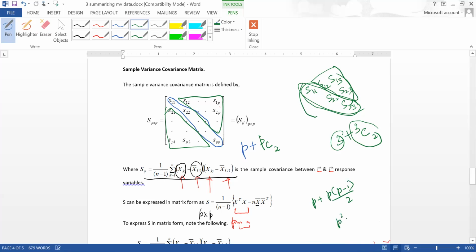Then P square minus P plus 2P over 2. Yeah, it's P square minus P over 2, plus P, right? So P times P plus 1 over 2. Yes, that's correct. That simplifies to P square plus P over 2. So finally P times P plus 1 over 2.